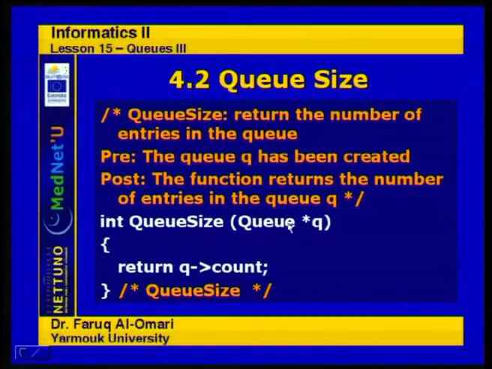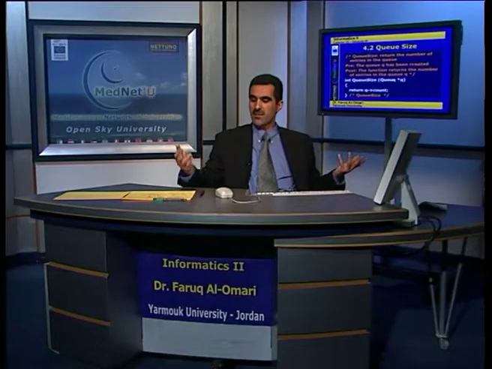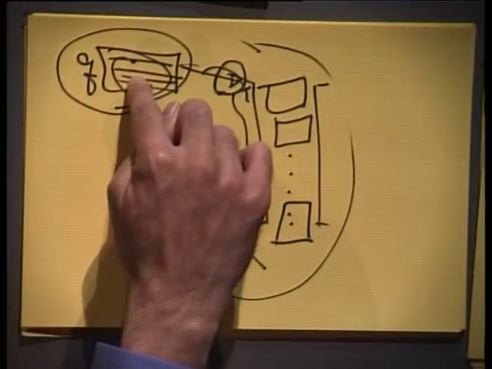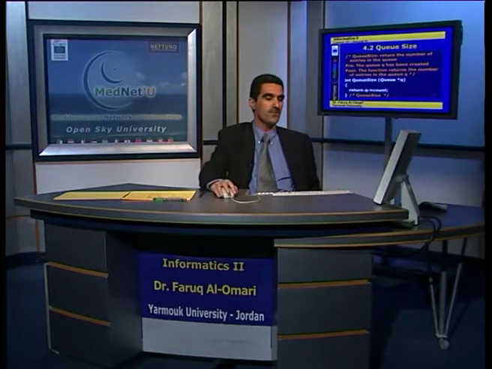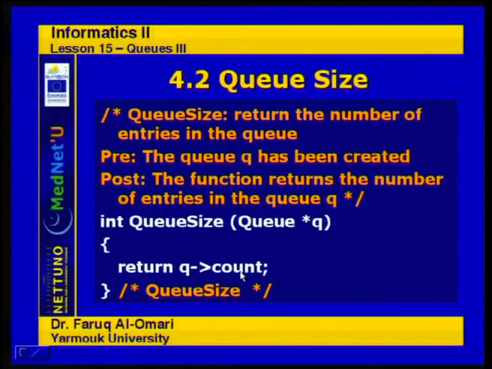And it takes as an input a pointer to this structure, to my queue. The only thing I'm going to do there is basically go to the structure defining the queue and just return count. Very simple, straightforward. So take queue arrow count, return it as your return value.